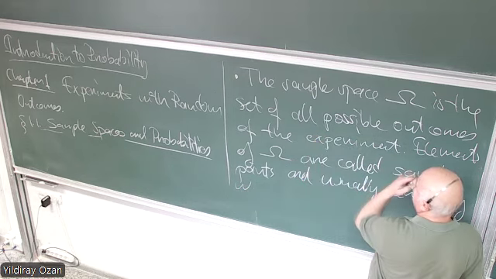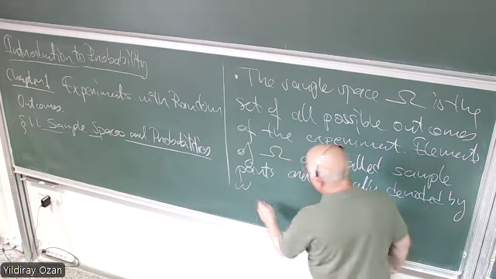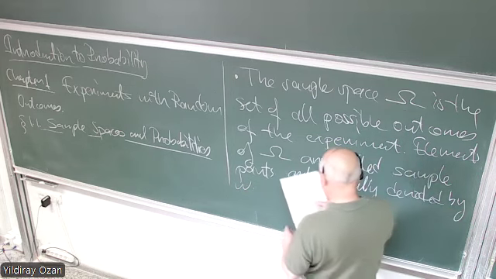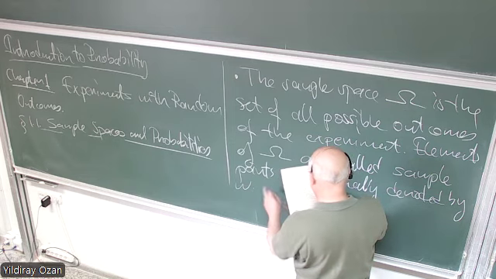So the sample space is big omega, and sample points are small omega.